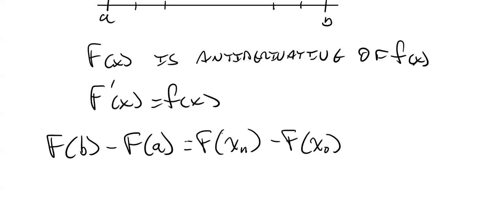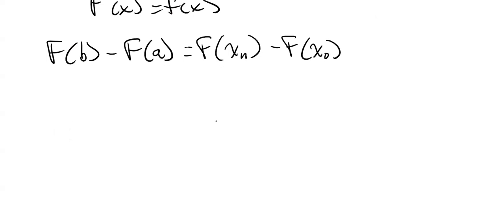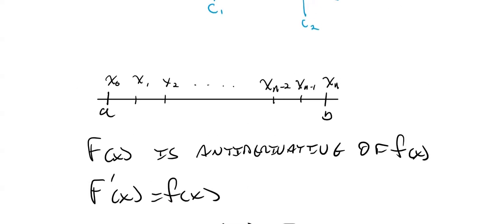And then here's a kind of a tricky part. I am going to now use all these subintervals that we have in here. In other words, we're starting up here with F of x of n. Well, the x of n is here. Well, the next one down below it is x of n minus 1.